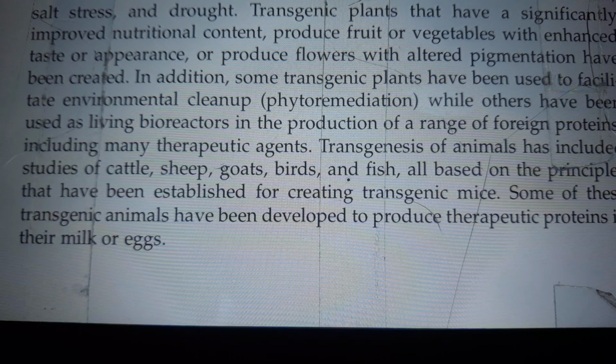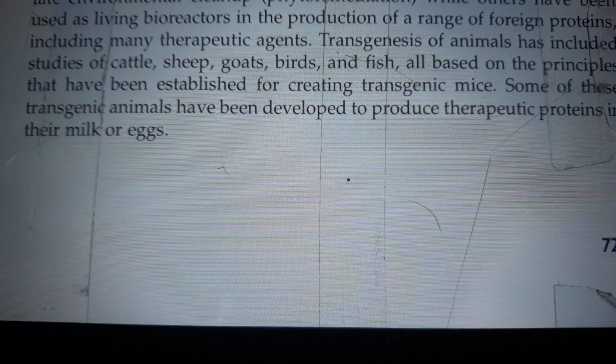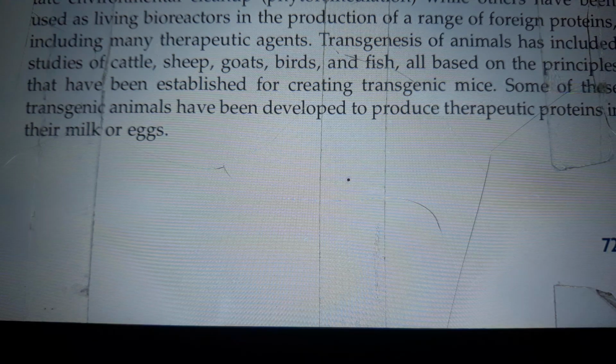Transgenic plants that have a significantly improved nutritional content, produce fruit or vegetables with enhanced taste or appearance, or produce flowers with altered pigmentation have been created. In addition, some transgenic plants have been used to facilitate environmental cleanup, phytoremediation, while others have been used as living bioreactors in the production of a range of foreign proteins, including many therapeutic agents.